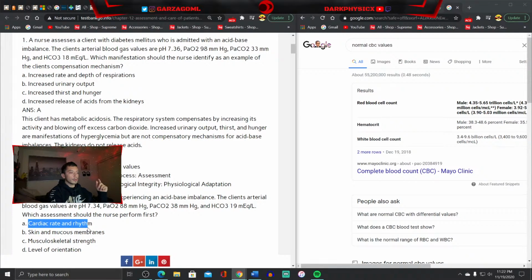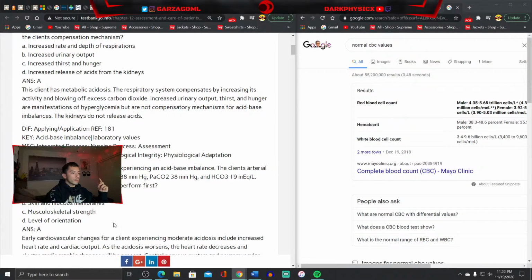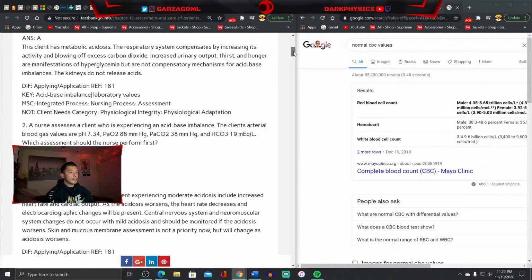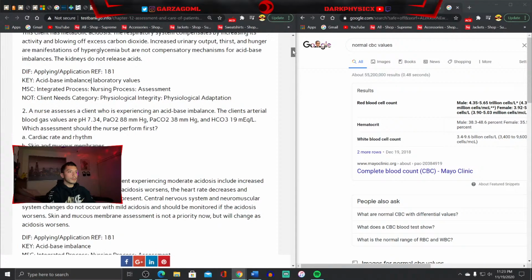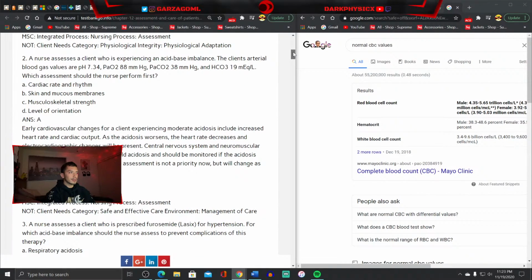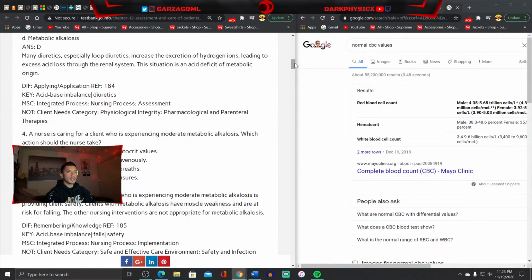I'm gonna go with cardiac rhythm. Boom, A, sweet. Early cardiovascular changes. As acidosis worsens, heart rate decreases, EKG changes will be present, and then the CNS will change as it worsens. So in the beginning, you won't really see too much orientation stuff.